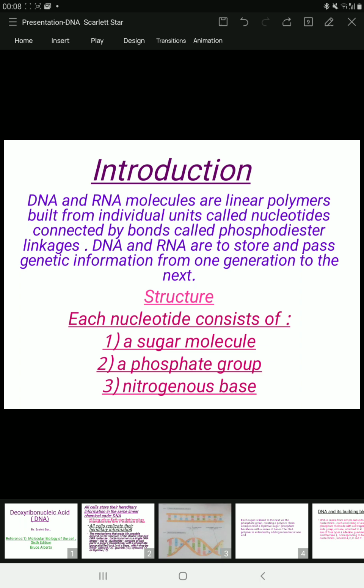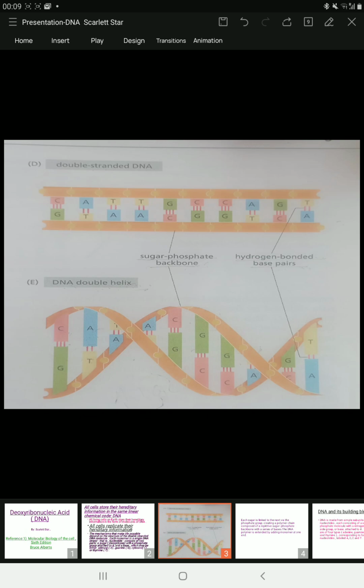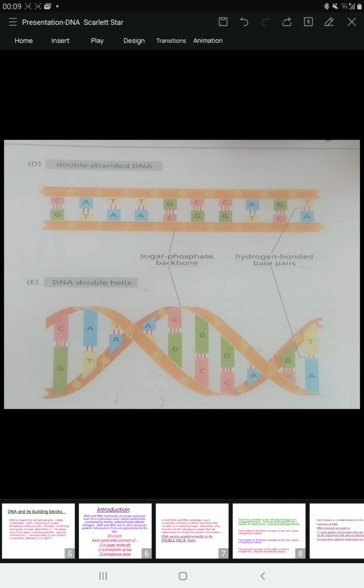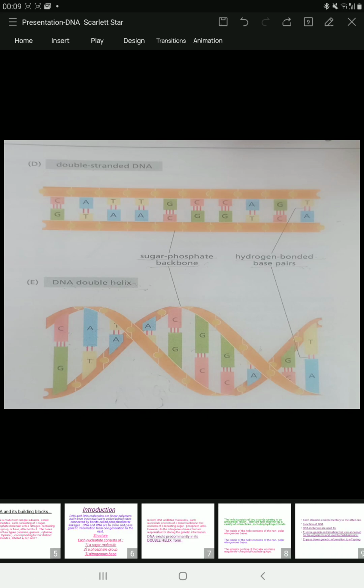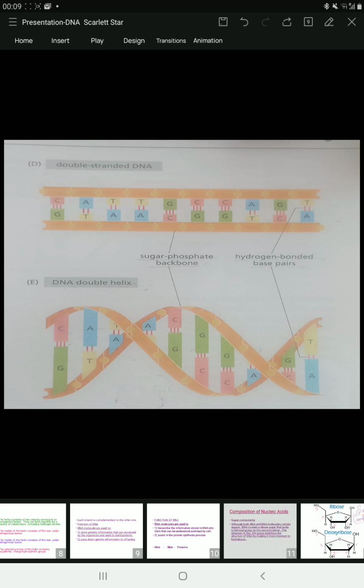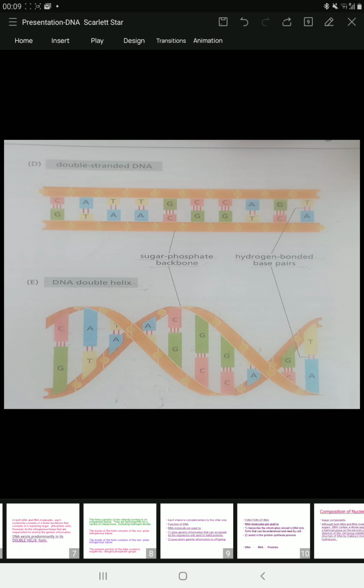They are bound together by phosphodiester linkages, and each nucleotide consists of a sugar molecule, a phosphate group, and a nitrogenous base.